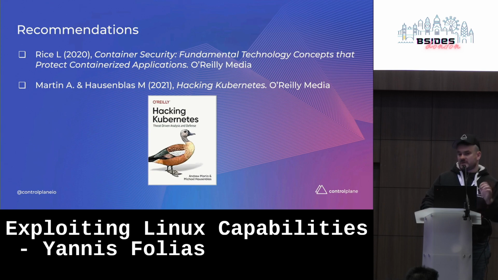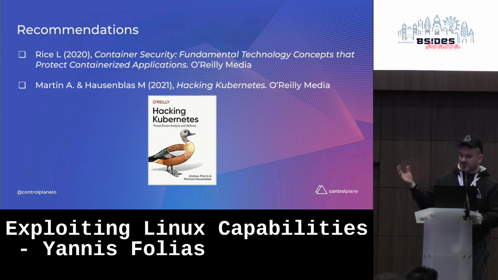Wrapping up, just a couple of recommendations. I would definitely advise anyone who wants to dive deeper into Linux capabilities and ways to exploit them to look into Liz Rice's book on container security. There's a few examples included. On top of that, I would advise anyone to have a look at Hacking Kubernetes.